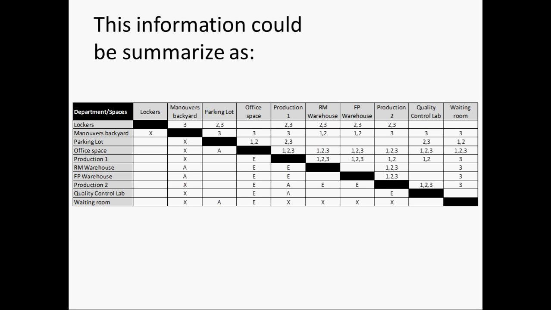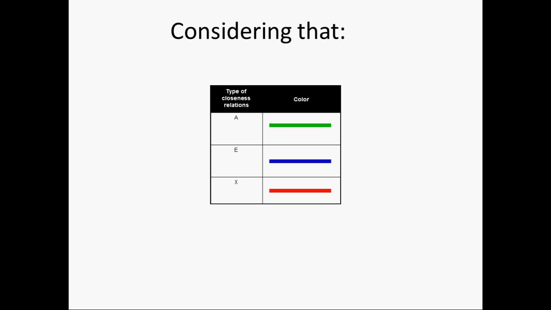Information could be summarized as shown in this table, where in the upper part of the table we have the functional relations. In the lower part of the table we have the closeness relationships. The empty cells mean that there is no important relation between these two areas or departments. Considering that we can use the color green for relation type A, the color blue for relation type E, and the color red for relation type X, we will have this kind of diagram.